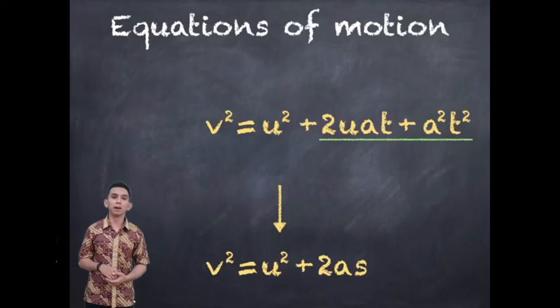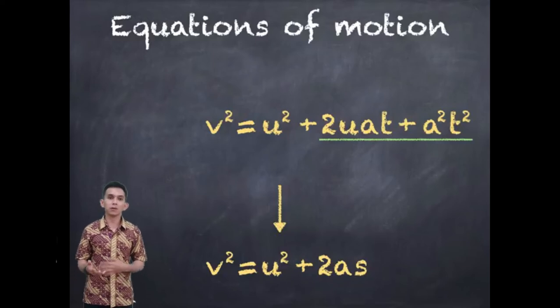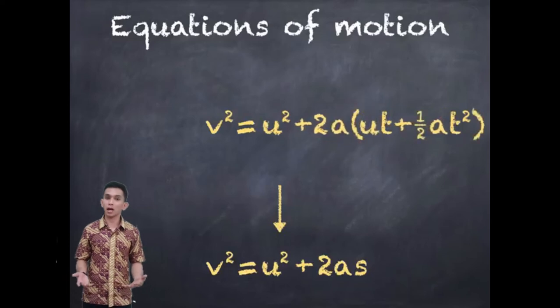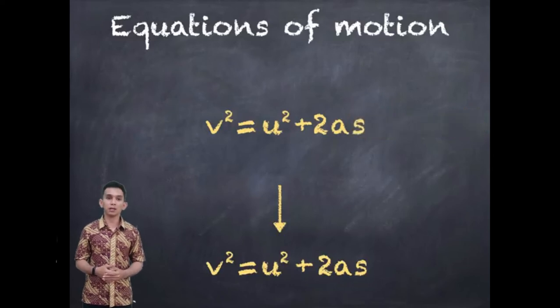So, dividing by 2a would give half at squared. So, the right-hand side of the equation can be written like this. Go over this step again if you are not too sure. Now, remember that our second equation was s equal to ut plus half at squared. So, the term in brackets can be replaced by the letter s, giving us our third equation.